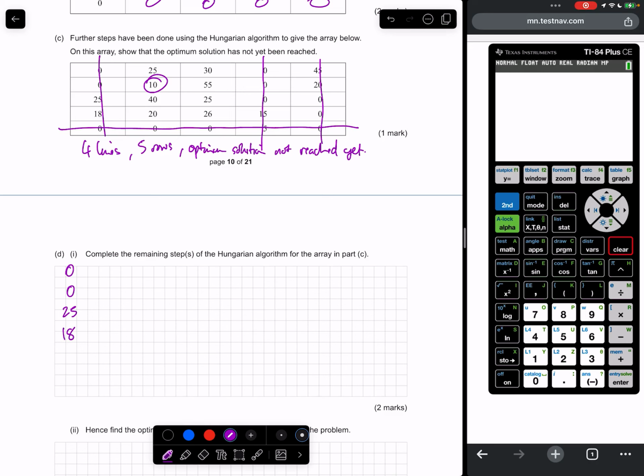Add to double covered 10, subtract from uncovered 15, 0, 30, 10, leave 20, 45, 15, 16, leave, leave, leave, leave, leave, add, leave, leave, leave, leave, add, cover zeros again.